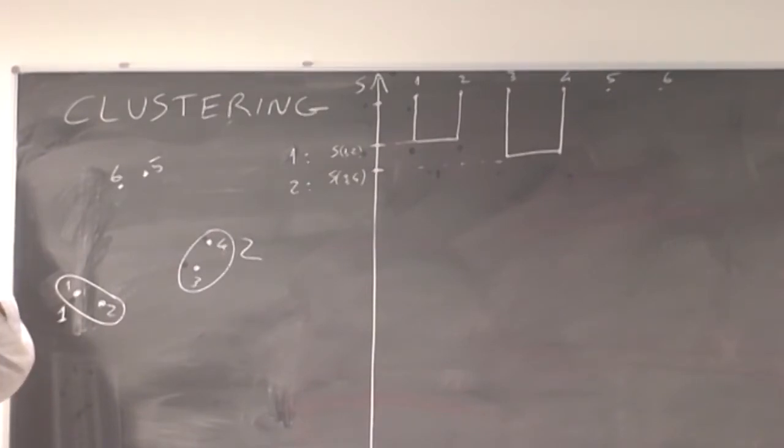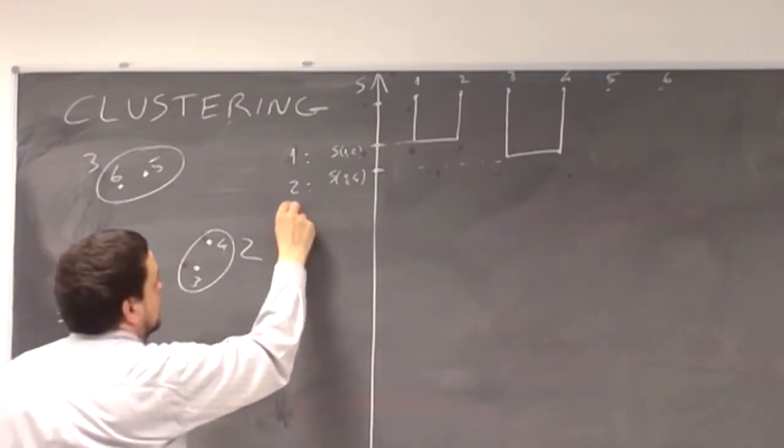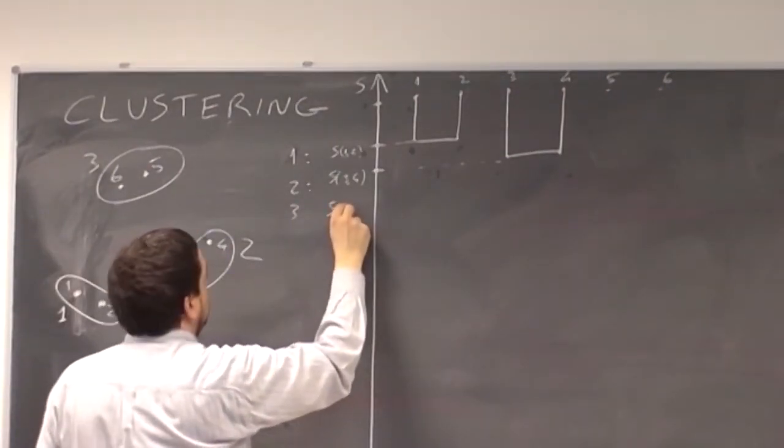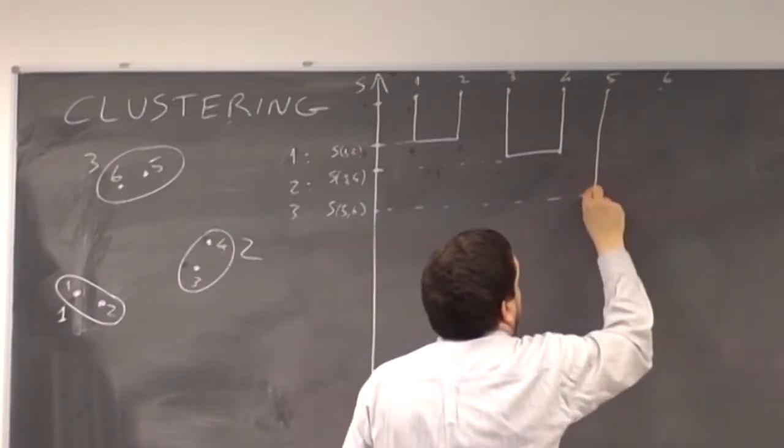If it was higher, we would have joined them before. So at the next step, we find the next most similar ones. And so at step 3, we find the similarity between 5 and 6, and we join them together.